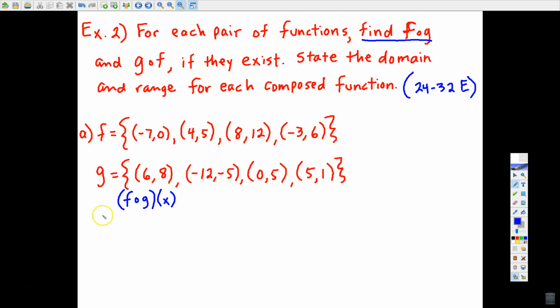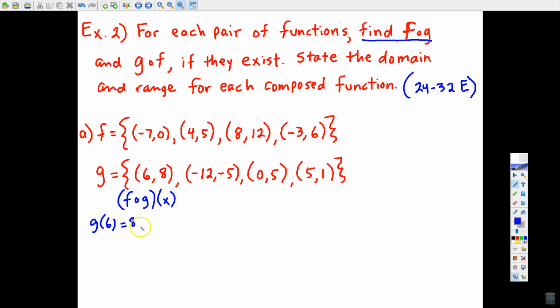So when I evaluate the g function, for example, g of 6, that first ordered pair says if I input 6 in the g function, I get an output of 8. Remember, the x-coordinate corresponds to the input and the y-coordinate is the output. The x-coordinate is also known as the domain. The y is also known as the range. So very simply, g of 6 is equal to 8.